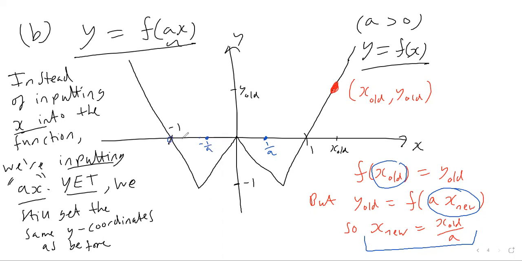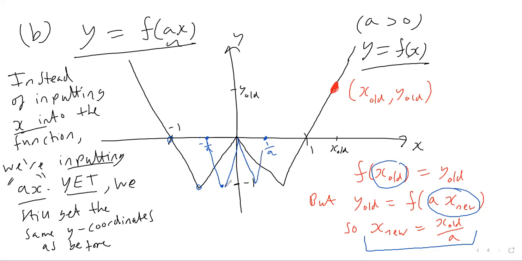So this coordinate is moving to here. This value of 1 on the x-axis is being moved to 1 over a. So we're squishing in all of our coordinates by a factor of 1 over a. We're squishing this one in as well by a factor of 1 over a, so we get something like this.